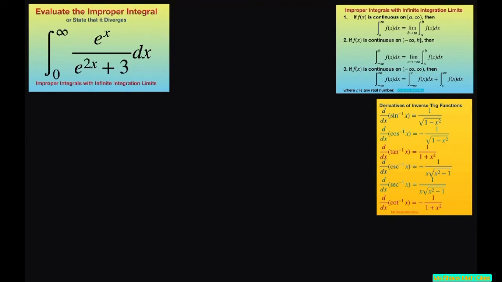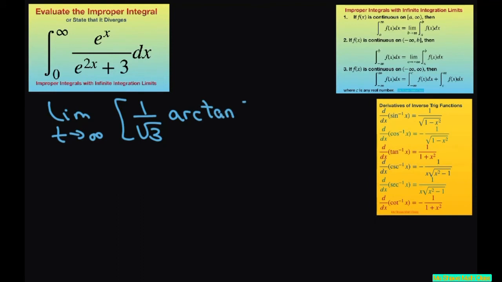So we're going to have the integral, we're taking the limit as t approaches infinity of 1 divided by square root of 3 inverse tan, or you can say arc tan. Let's do both. Arc tan of e to the x power divided by square root of 3. And this is going from 0 to t. Now let's go ahead and pull this out, 1 divided by square root of 3.